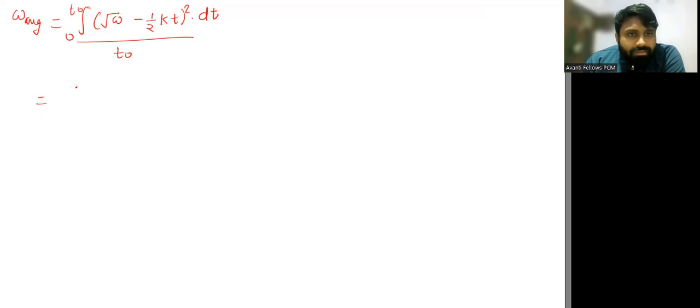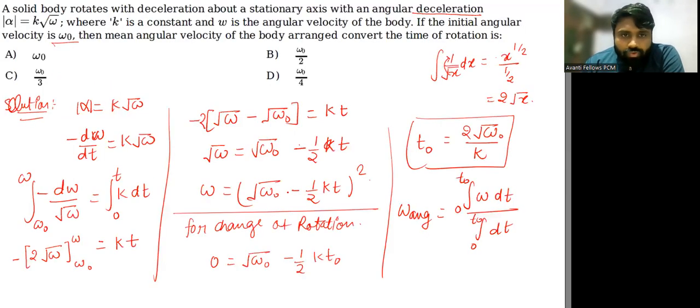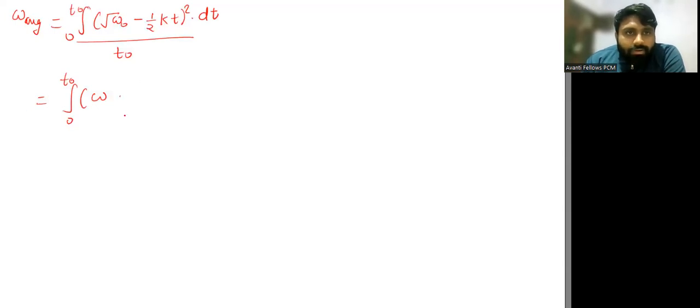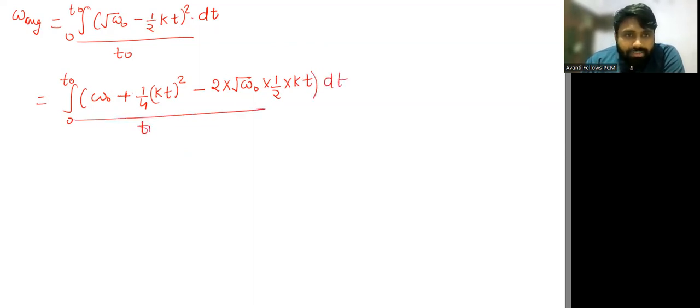Now you will open the square of it, 0 to t naught. It is root omega naught, sorry. So root omega naught, square of this will become omega naught, plus 1 by 4 kt whole square, and 1 by 2 square is 4, minus 2 into root omega naught into 1 by 2 times k into t. Okay, dt divided by t naught.